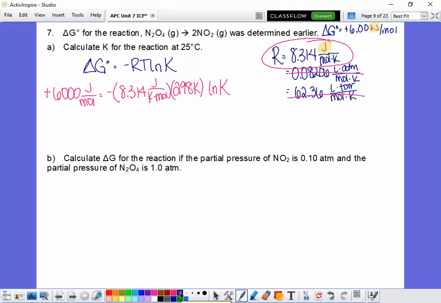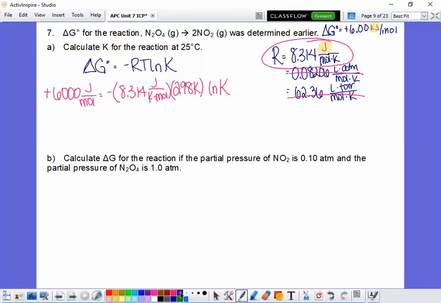Something I did not know that I was going to have to teach. You have to isolate the natural log of K before you can do E to it. Okay? I have seen issues with that in the past, so I'm just pointing that out. Make sure you're doing your math properly. You cannot do E to both sides yet.